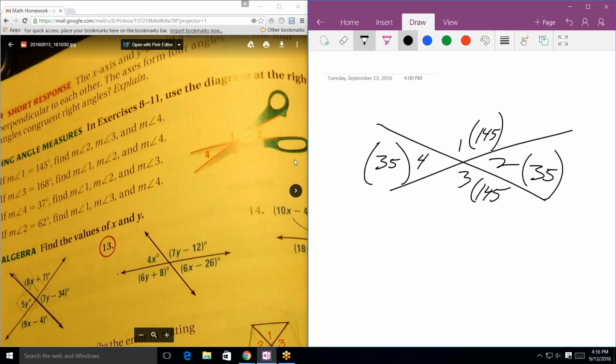Maybe not to your teacher. He may want you to know whether it's a postulate or a theorem. I couldn't care less. Yeah, it's a postulate. He'll only want us to know what it is if we're proving. In other words, when you're listing the reason, you have to list whether it's a postulate or a theorem.